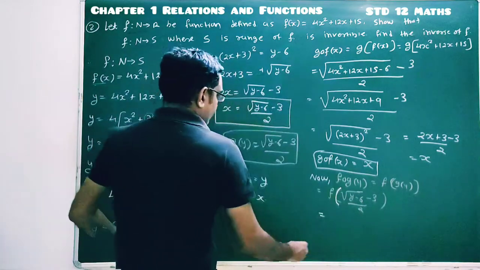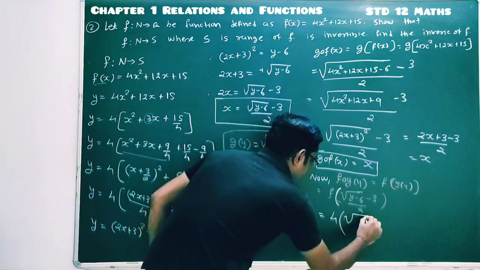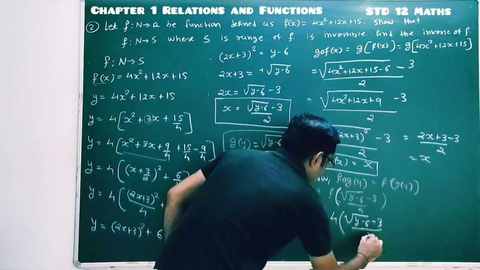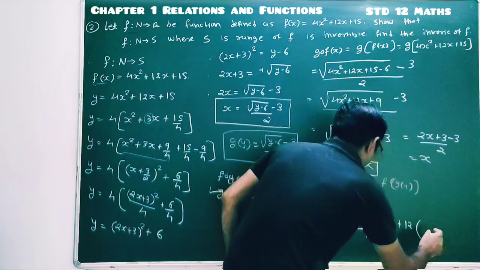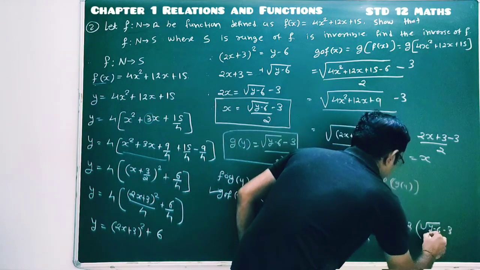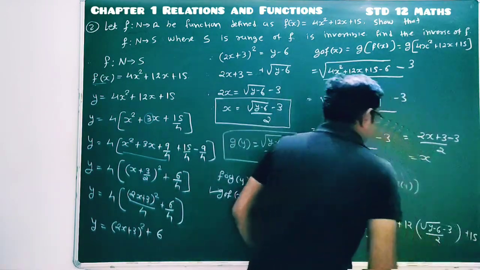So this is equal to 4 into the square of this one, square root of y minus 6 minus 3 whole divided by 2, plus 12 times square root of y minus 6 minus 3 by 2, plus 15. Done.